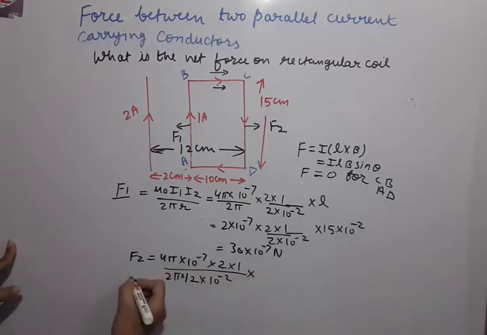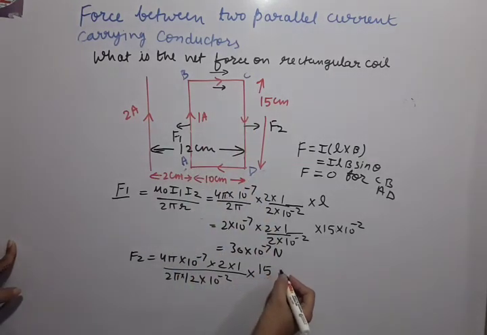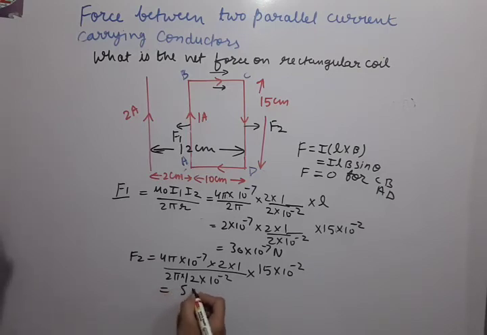And because the length is also to be multiplied, what is the length of this wire? Again 15 centimeter. This way the answer F2 we will obtain, that is 5 into 10 raised to power minus 7 Newton.